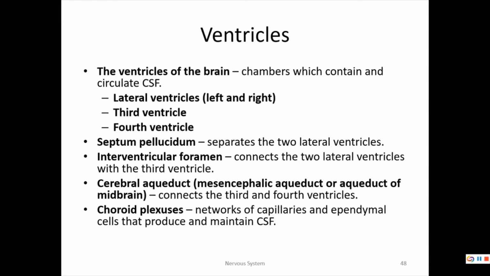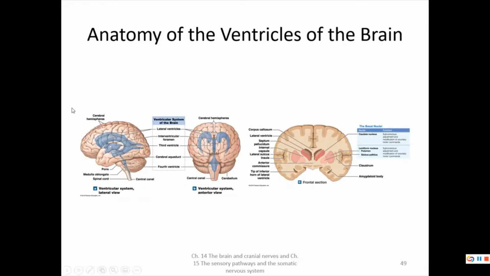choroid plexuses. Now, you can see your 2 lateral ventricles, 1, 2, and then your third ventricle and your fourth ventricle. Lateral ventricles take up a lot of room here. Right here is the interventricular foramen, also called the foramen of Monro.